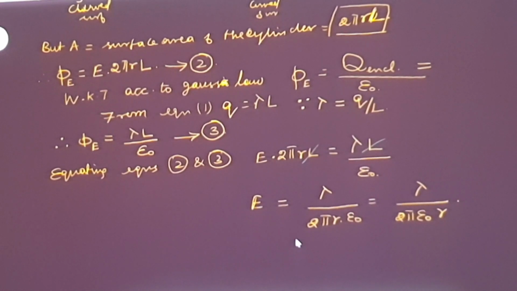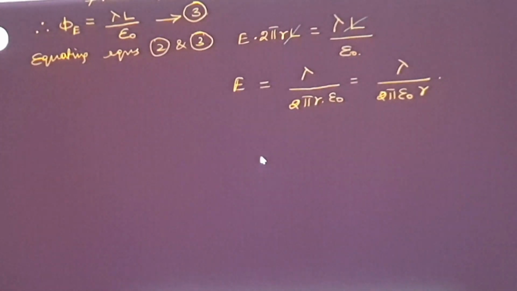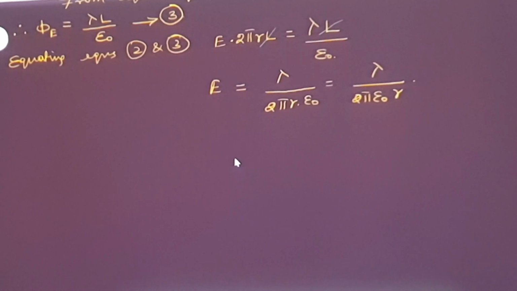So the net electrical field at the point P due to an infinite long conductor is given by, therefore the electrical field E at that point is given by lambda by 2 pi epsilon 0 into r.